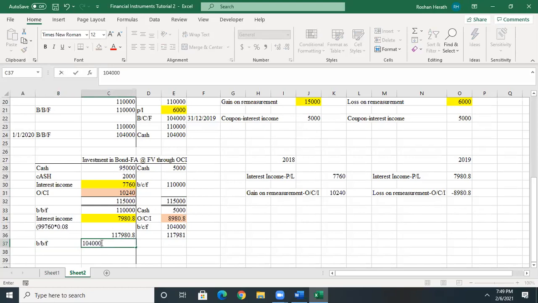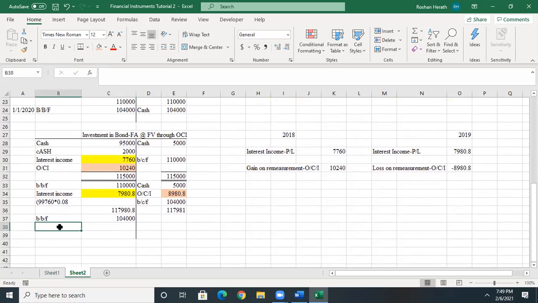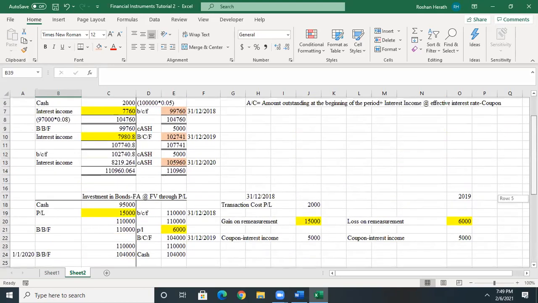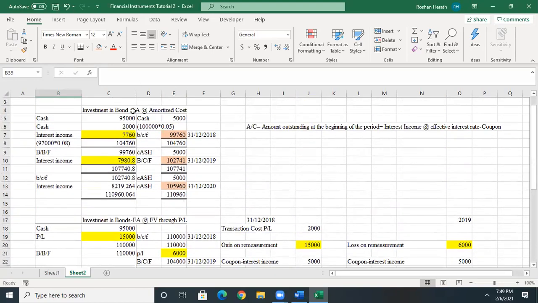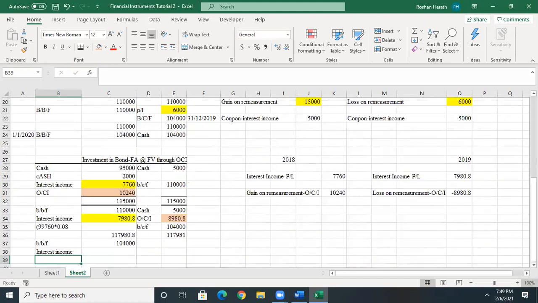Okay, take it. Moving on to the final year, starting from the balance brought forward, you have not sold it. You need to take the interest income, but when you are taking the interest income, you need to make sure that it is computed as a financial asset at amortized cost. So therefore, it's 102,741 into 8%.